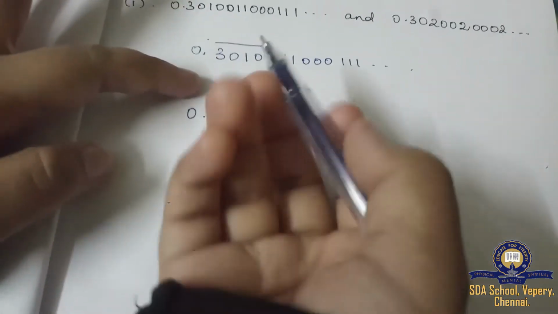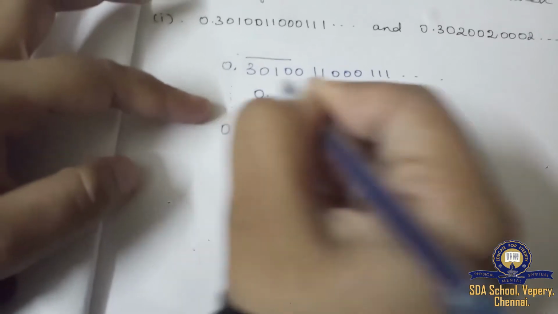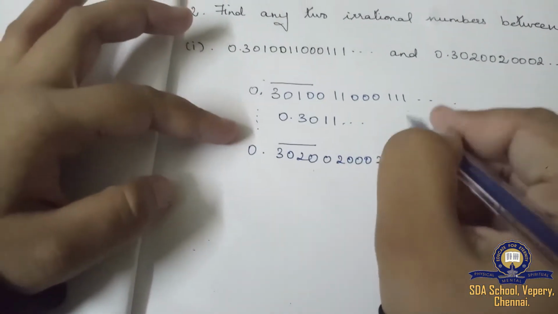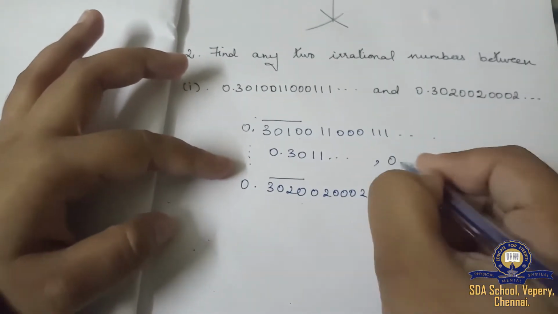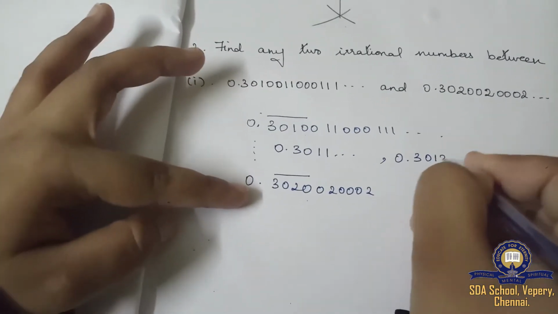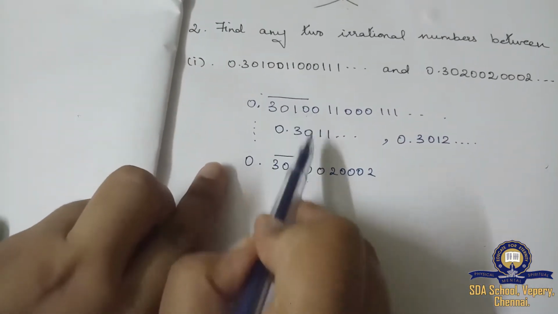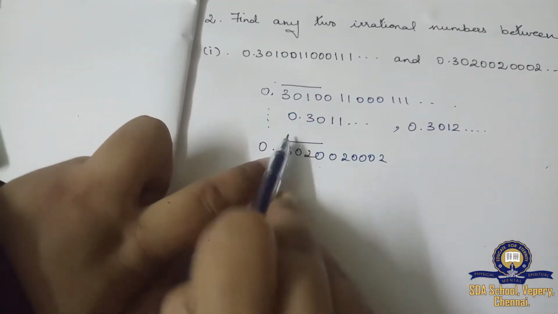See, any two numbers, which means it can be 0.3011 and so on, and it can be 0.3012 and so on. The thing is, it has to start from here and then it has to end before 3020, that is after the decimal point, I'm saying.